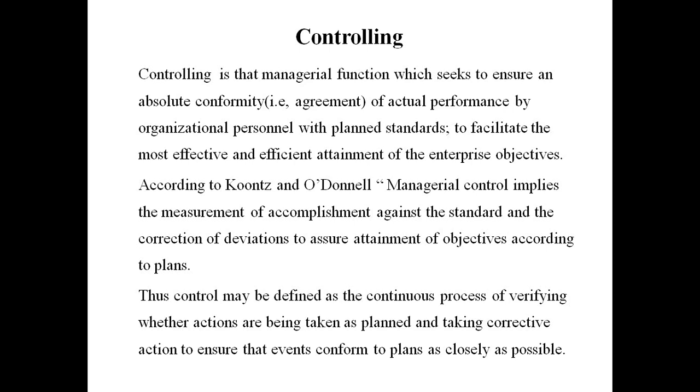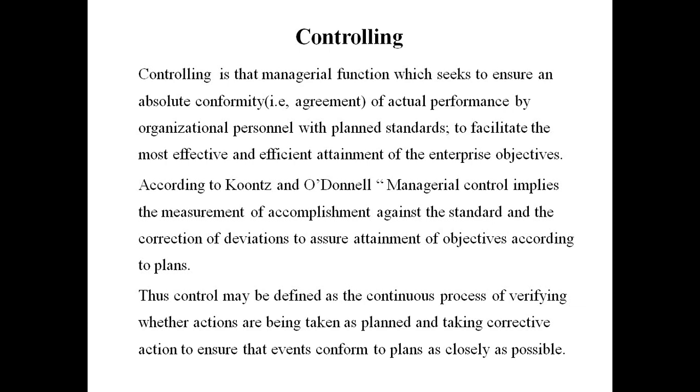According to Koontz and O'Donnell, managerial control implies the measurement of accomplishment against the standard and the correction of deviation to assure attainment of objectives according to plans. From that definition, you can understand that the controlling function deals with the measurement of actual performance, comparison of the actual performance with the standards set by the organization, and taking corrective measures to ensure the attainment of the objectives of the organization.